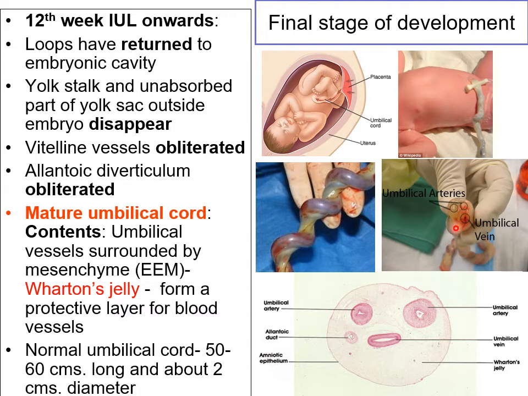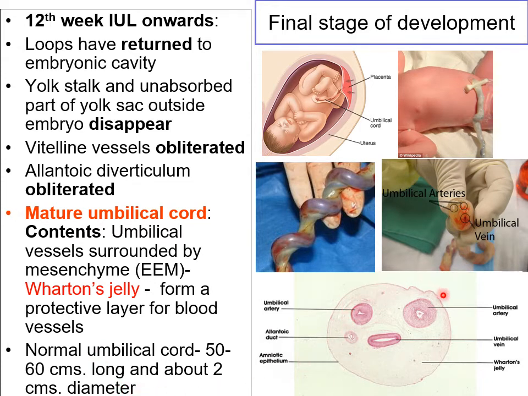Hopefully we'll see this specimen in the lab sometime. This jelly-like substance is known as Wharton's jelly, which forms a protective layer for the blood vessels, and the whole thing is surrounded by amnion, as we have seen. And this is the normal length of the umbilical cord, and the breadth, etc.